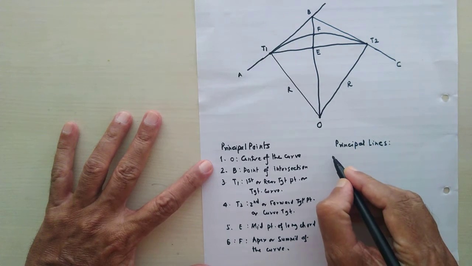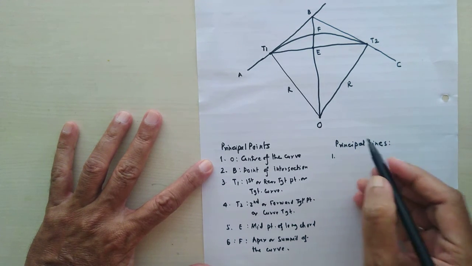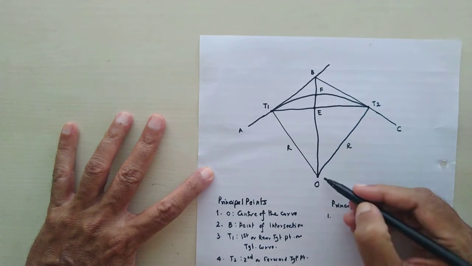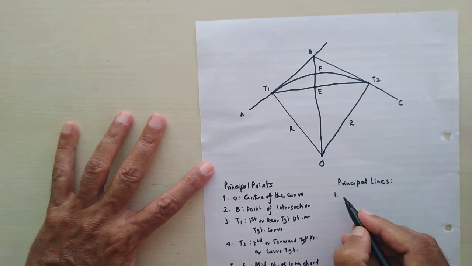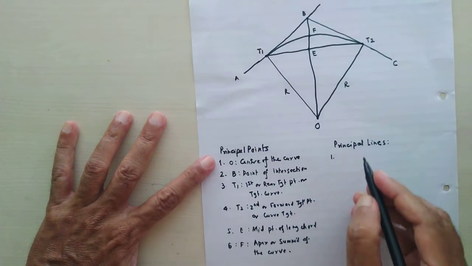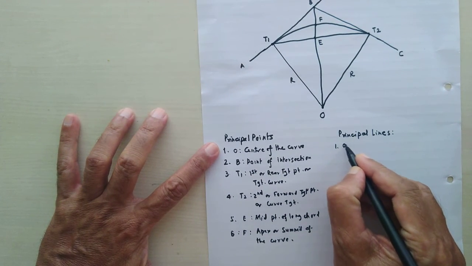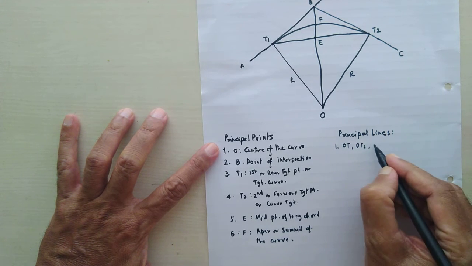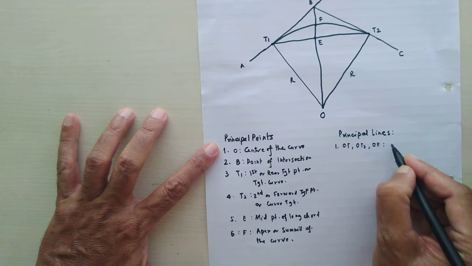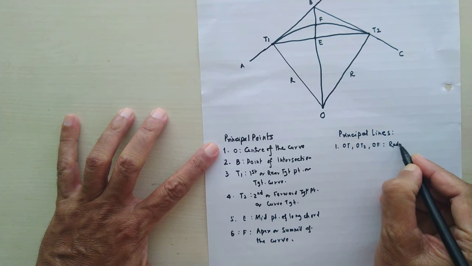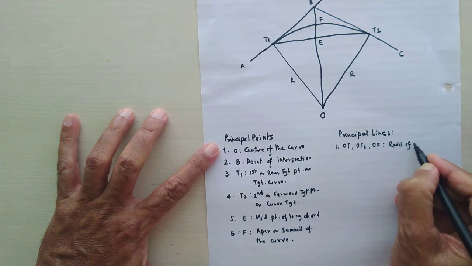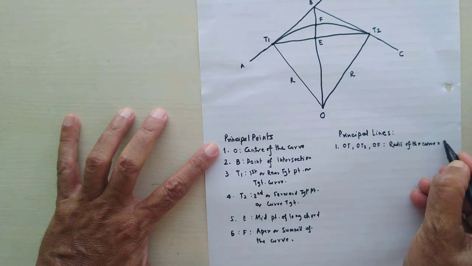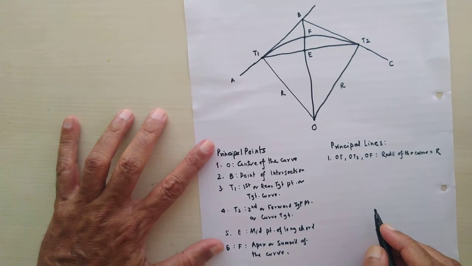The first principal line, this line OT1 or OF or OT2, is equal to R and known as the radius of the curve. OT1, OT2, then OF, radii of the curve, and it is denoted by the letter R.